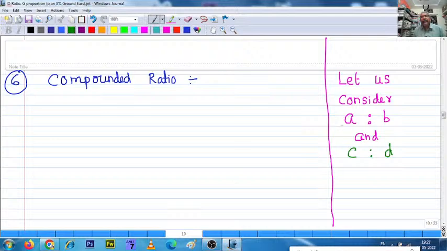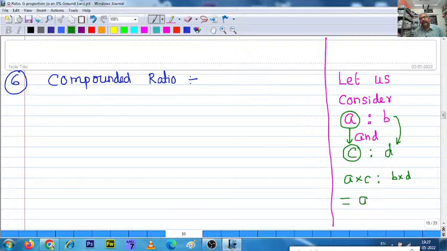The first term of A is to B is A. The first term of C is to D is C. Multiply these two, then you get A into C. The second terms are B and D. Multiply these two, you get B into D. Then form a new ratio.